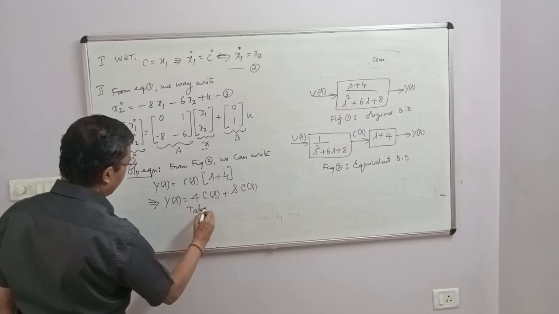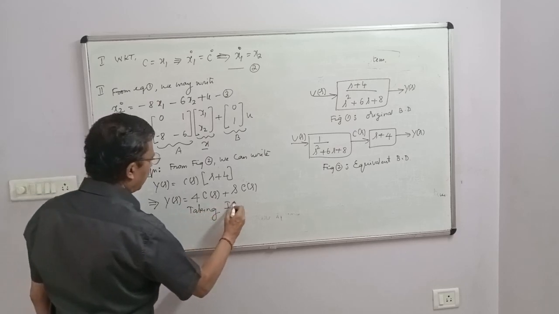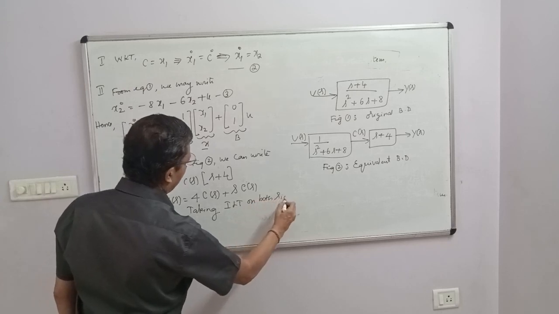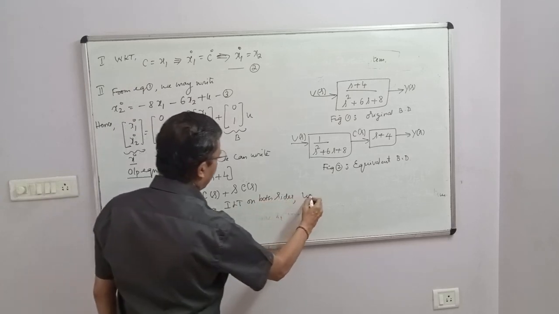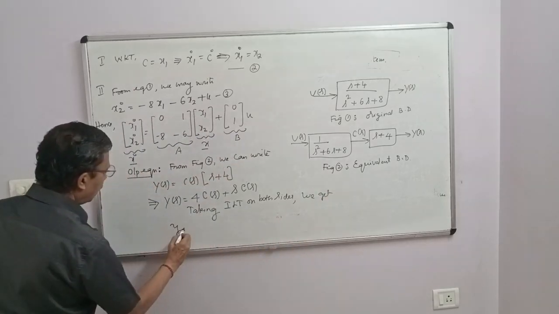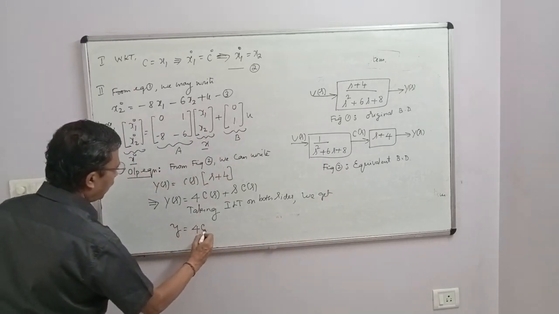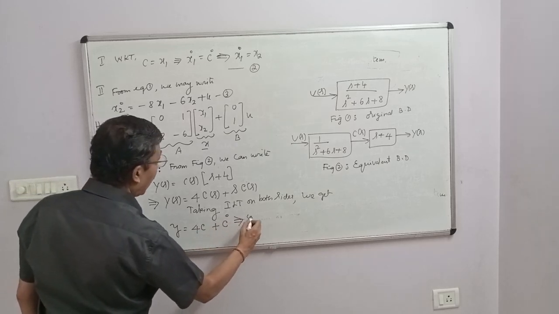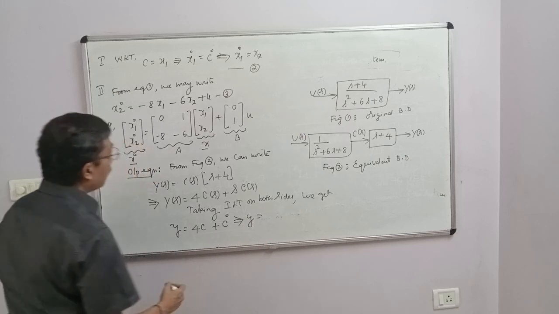Taking inverse Laplace transform on both sides, we get y is equal to 4 into c plus c dot. This implies y is equal to, c is what?